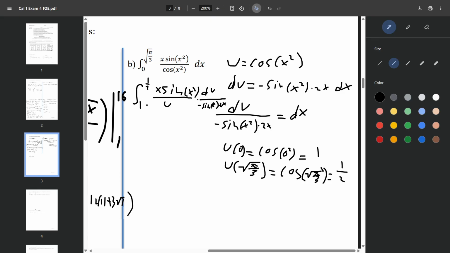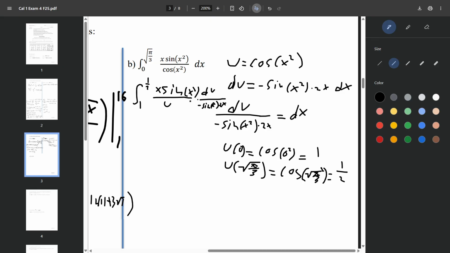Now what we also need to do is change our bounds, because our lower bound is 1 and our upper bound is 1/2, so we need to flip them, because the smaller number should be at the bottom and the larger number should be at the top.